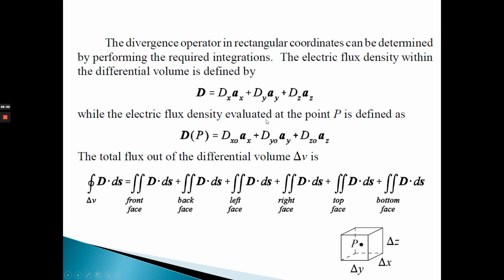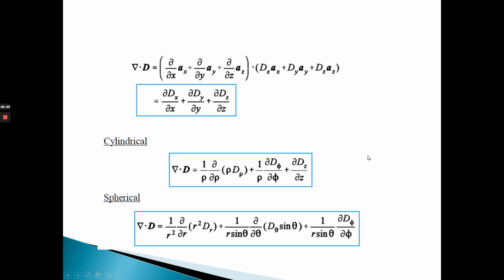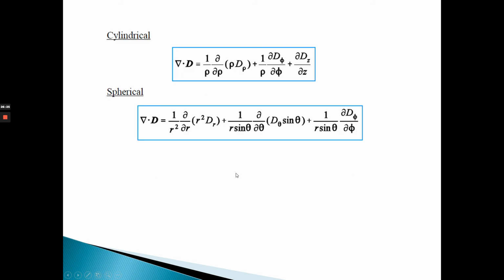But from here what we get is that the total volume integration is equal to the total of the different surface integrations, which gives us the same amount of enclosed charge. Okay, so this is the repetition, I believe.